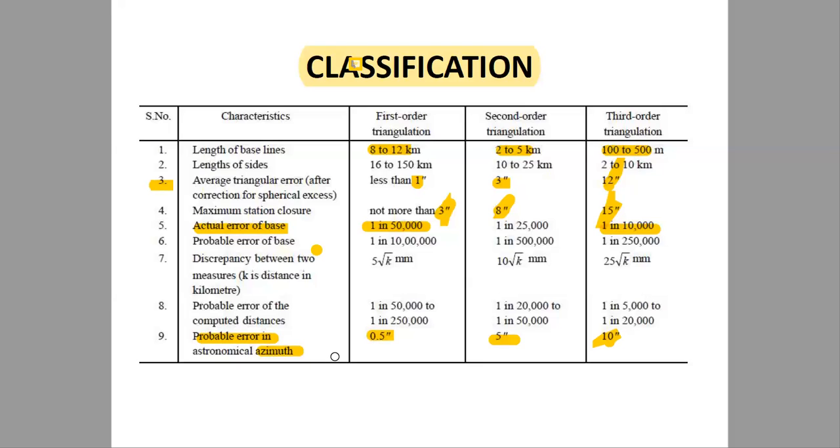So this much we have to keep in mind. Whenever an examiner asks to classify the different types of triangulations, we write all of them. Or even if they ask only what is triangulation, you still have to include them in your writing. First order, second order, and third order triangulation are part of the triangulation purpose.